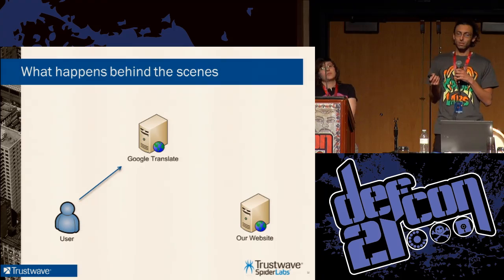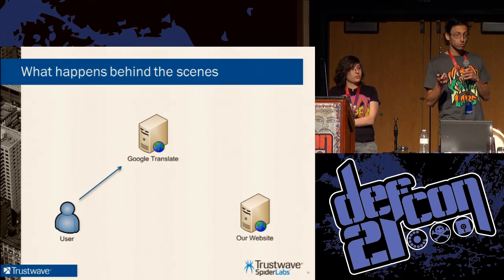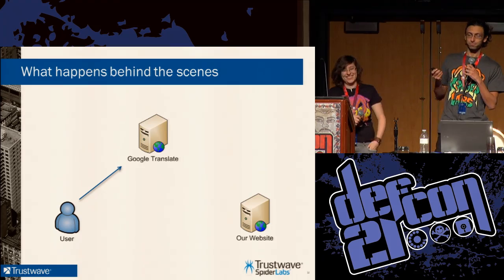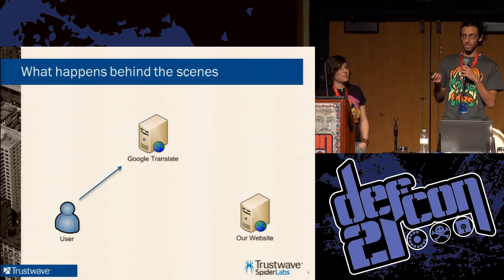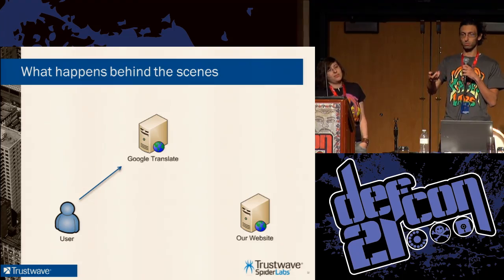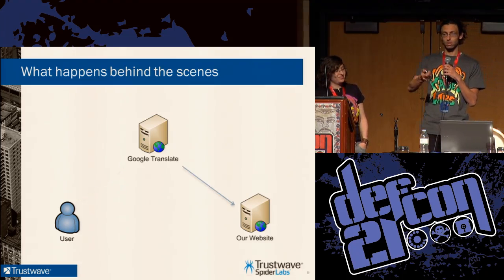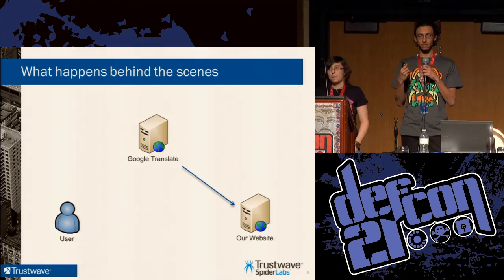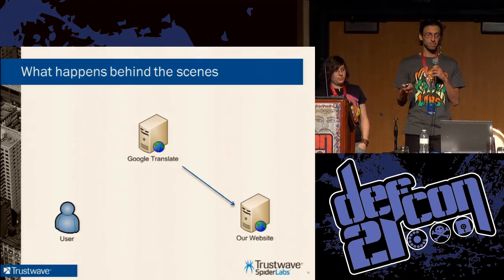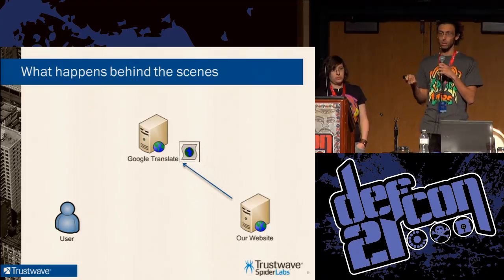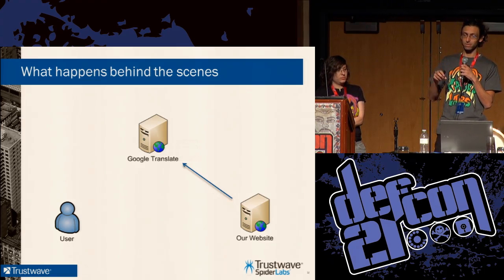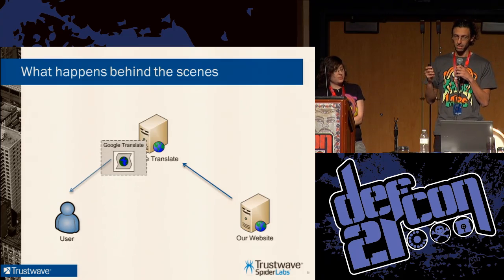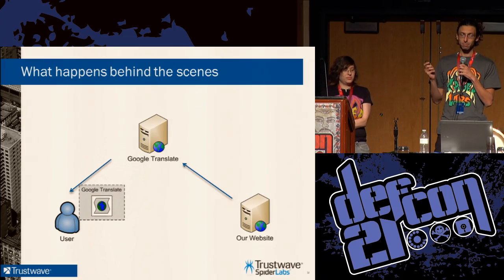Okay, so let's take a look at the flow of the attack using Google Translate Service. The user is trying to access our website using the Google Translate Service. So he accesses Google Translate, which downloads the content from our website, and our website simply sends back the content of the page. Google Translate wraps the content, adds some translation script, and finally sends it back to the user.